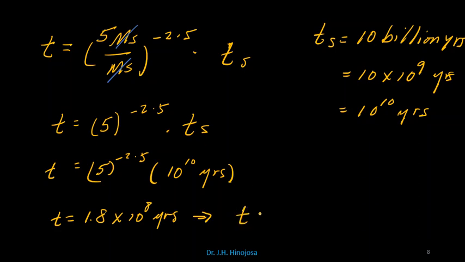We can write this then as the lifetime of a star that's 5 solar masses is 180 million years.